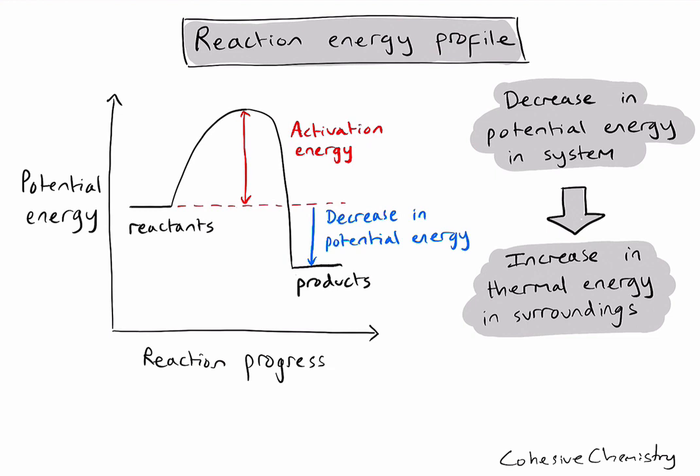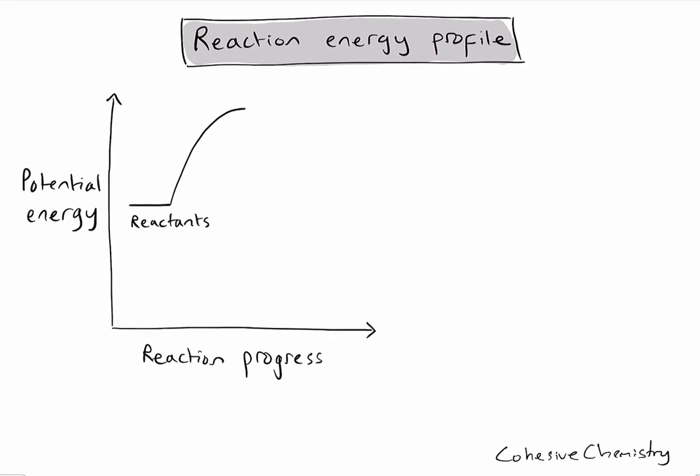Let's now change my reaction energy profile slightly to consider the other type of energy change we might see. Let's consider a different reaction in which the potential energy decrease when forming bonds stops here. In this example, the activation energy is still the height of the first increase in potential energy.